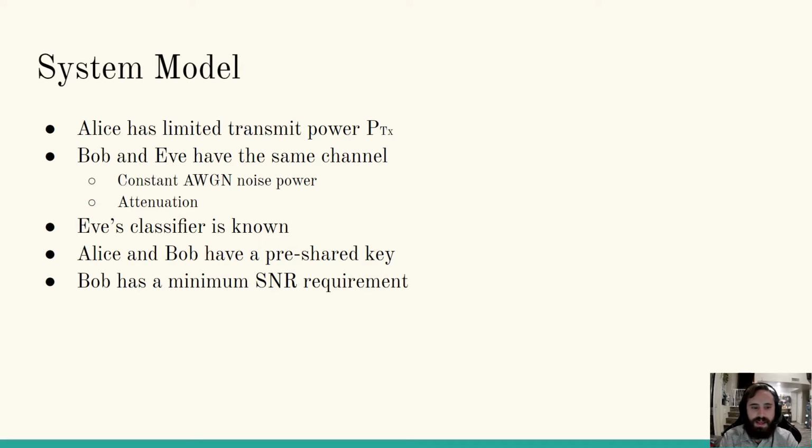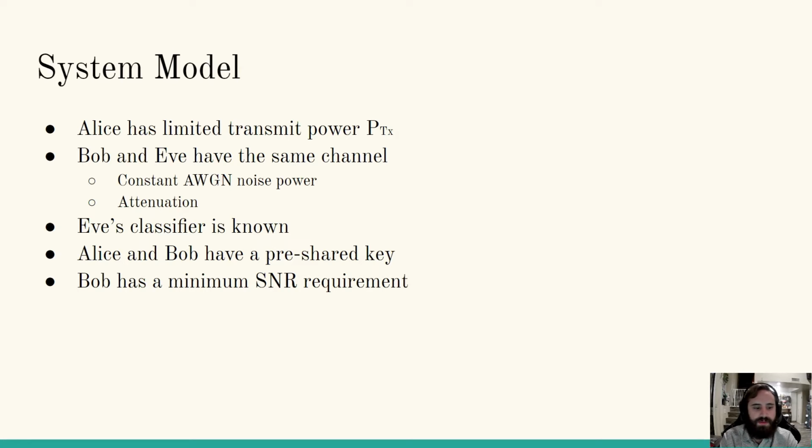Alice has limited transmit power. We're assuming that Bob and Eve have the same channel, so we're just going to say for now that the channel is additive white Gaussian noise and that the transmitted signal undergoes some form of attenuation. Eve's classifier is assumed to be known, and we know that even if we don't know Eve's classifier, there is the property of transferability of adversarial attacks, which just means that if an attack fools one classifier, it can also fool other classifiers out there.